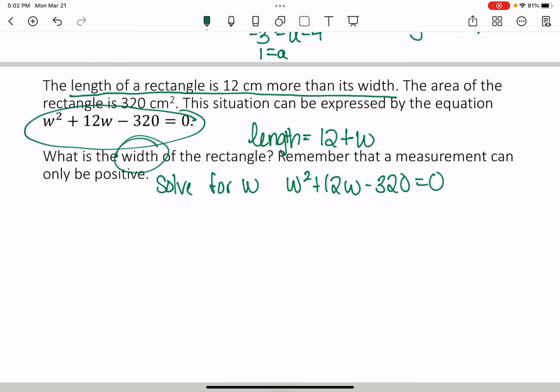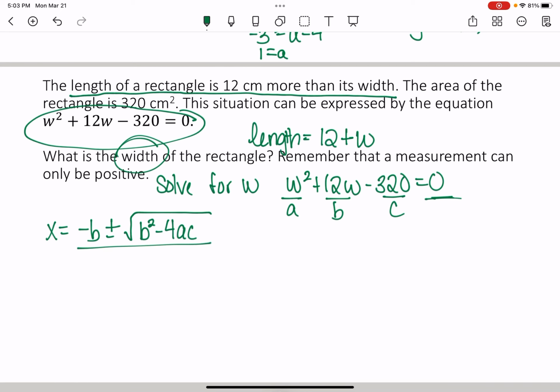I don't know whether this equation is going to factor, but I can use the quadratic formula because that will solve any sort of quadratic equation as long as it's set equal to 0. So remember, the quadratic formula is x equals -b plus or minus the square root of b squared minus 4ac, divided by 2a.